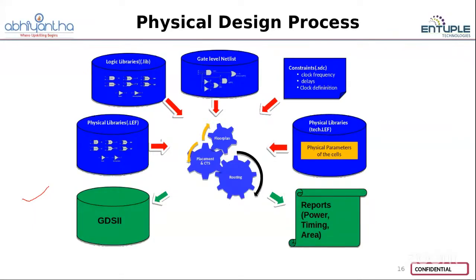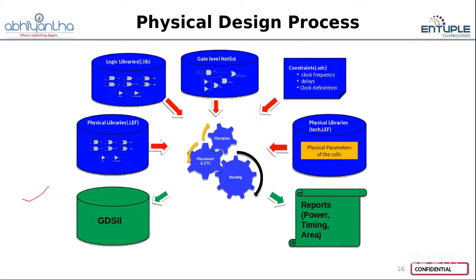After adding the gate level netlist, the timing library and the constraint file, you need to add your physical libraries. The physical libraries give you an important process. After your physical libraries have been added, we do the LEF and DEF process, that is the library exchange format file, and the technology file, plus the DEF file.